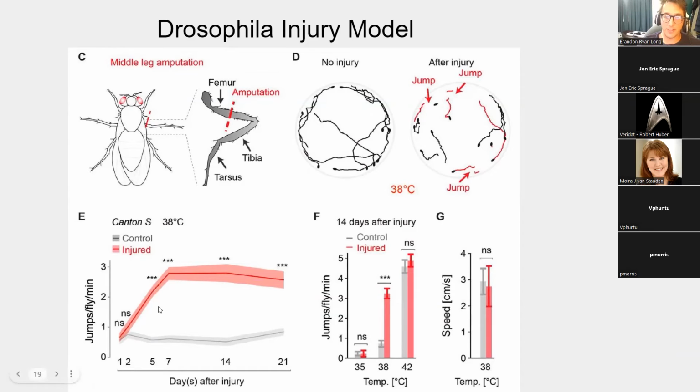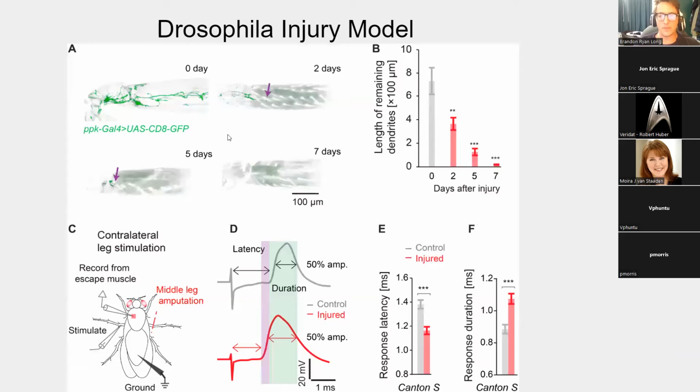This is pretty robust. It continues for 21 days or more, and they were wondering, what causes this. This is going to be important for later: they can show the speed at 38 degrees is the same for injured and uninjured flies. Just keep that in mind.